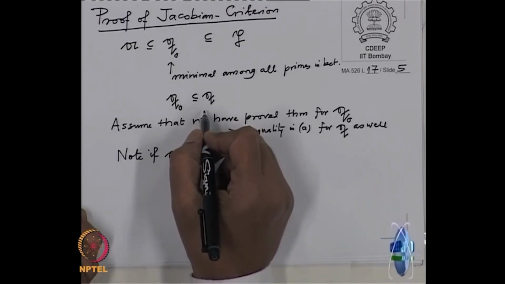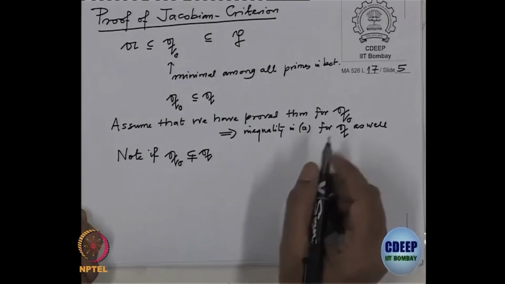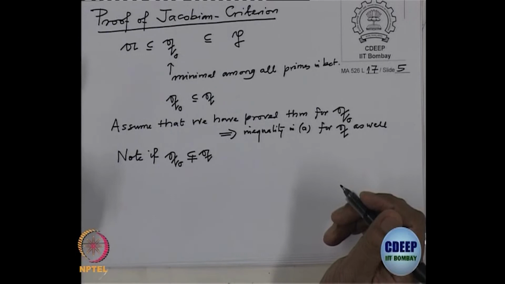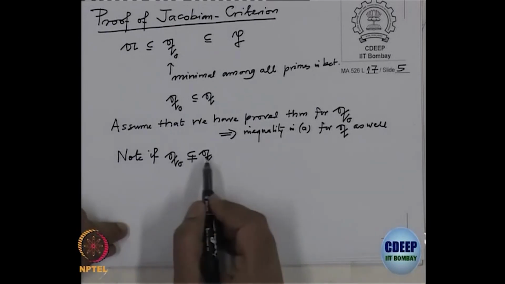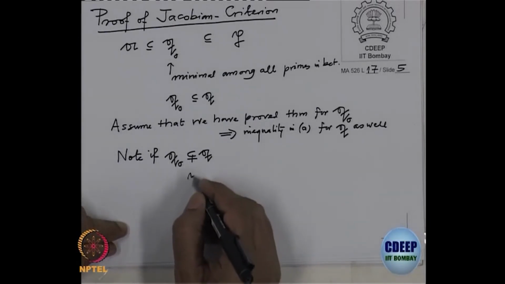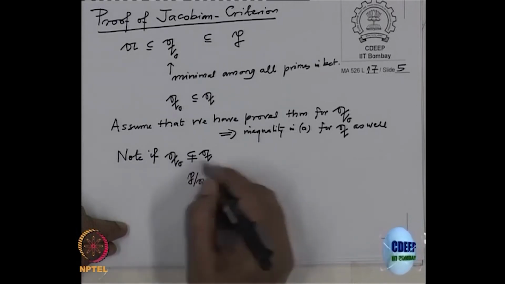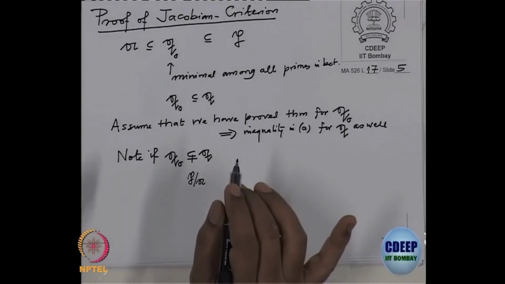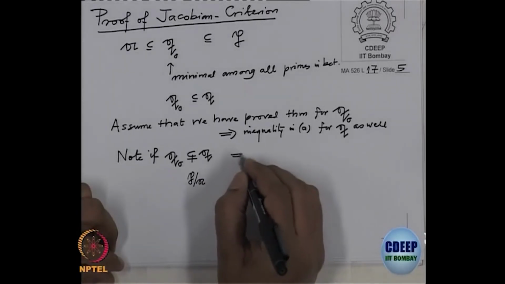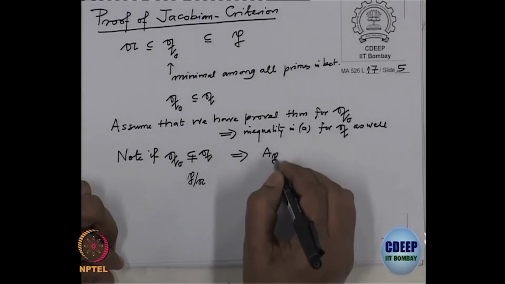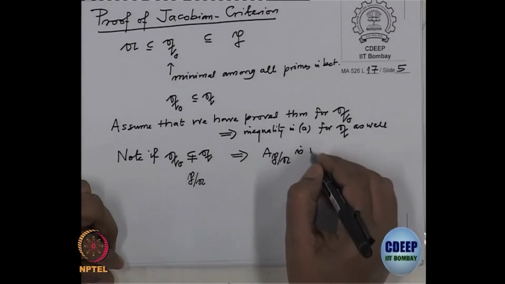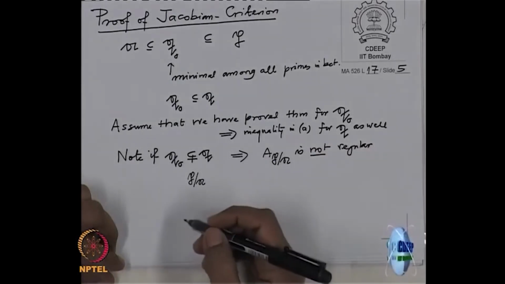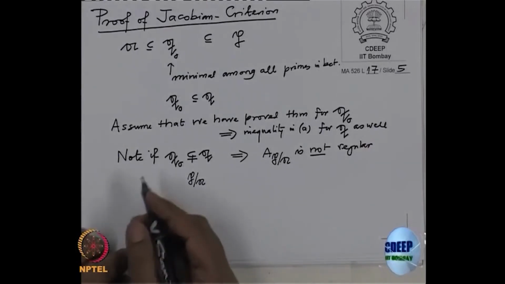Then A_P cannot be regular, because we have seen that these are the two primes and P by A is passing through both of them. So that ring cannot be regular. This is what we have seen in the example. So in this case A localized at P by A is not regular. Okay.